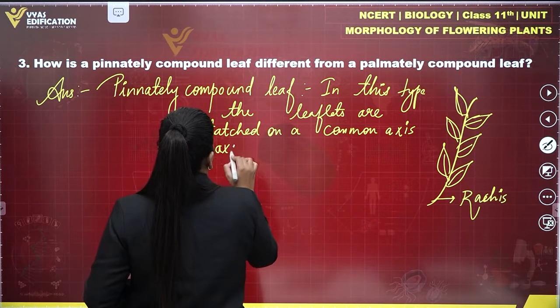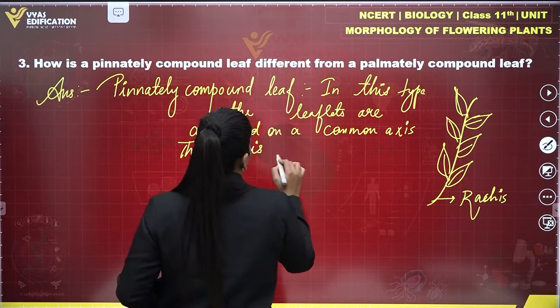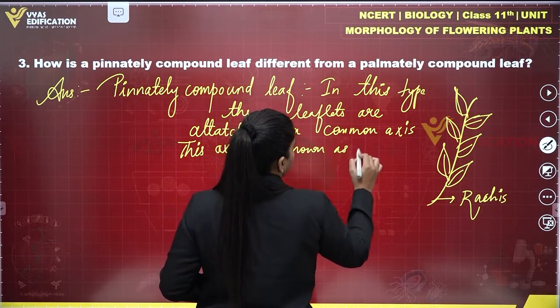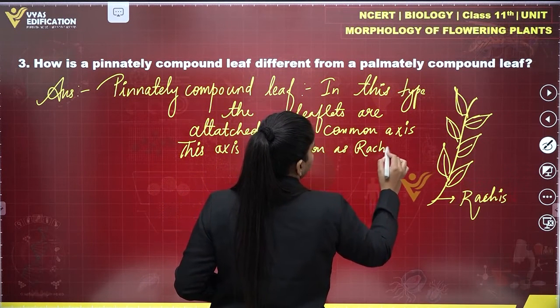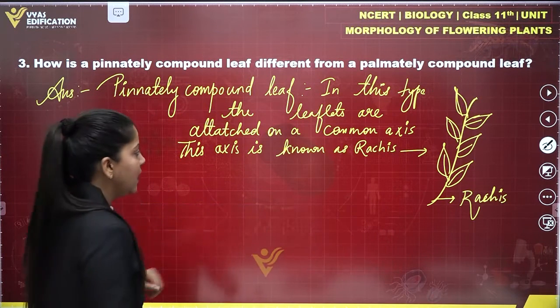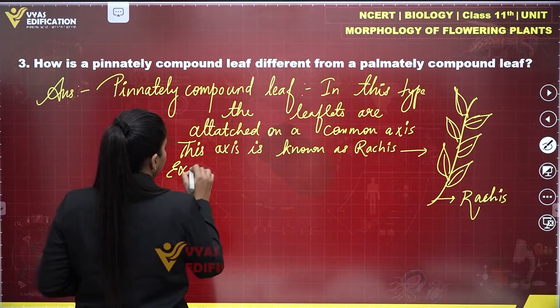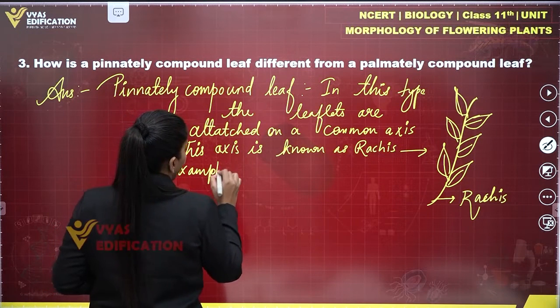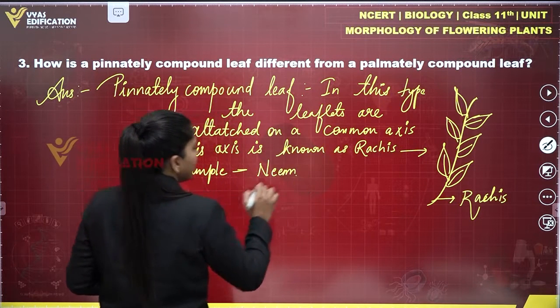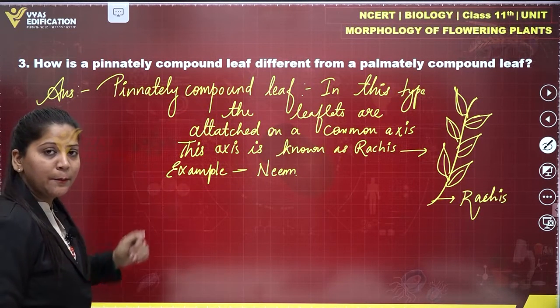This axis is known as rachis. We have a figure for that, and for example we have the neem plant. Neem plant is an example of pinnately compound leaves.